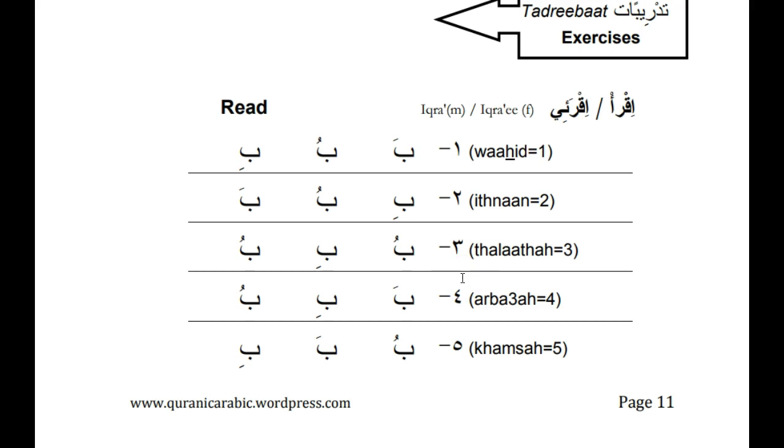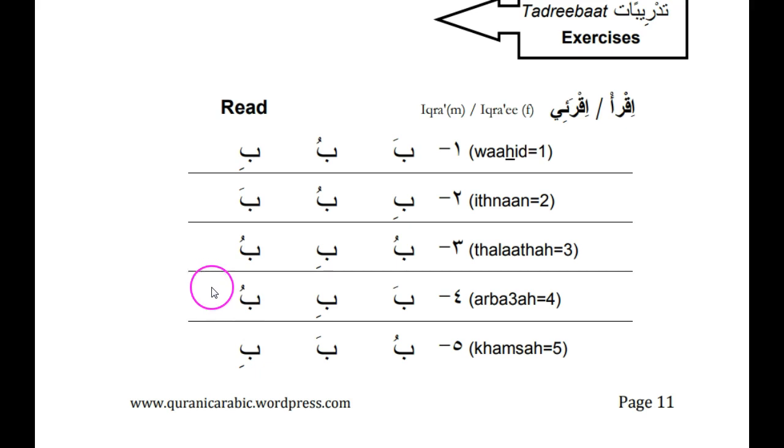Thalatha means 3. Ba with damma, bu. Ba with kasra, bi. Ba with damma, bu. Bu, bi, bu. Arba'a means 4. Ba with fatha, ba. Ba with kasra, bi.